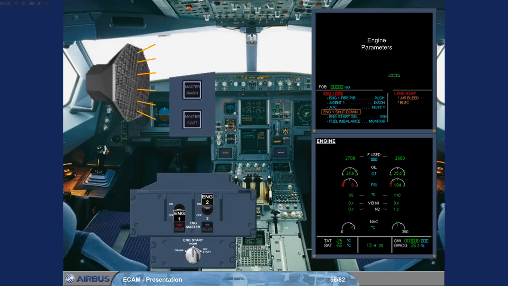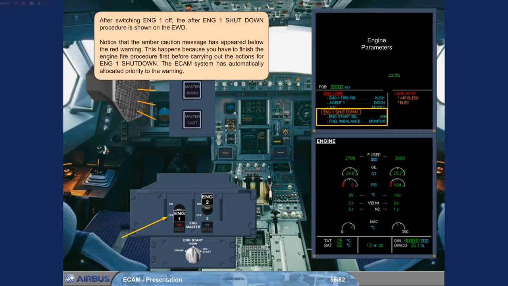After switching Engine 1 off, the After Engine 1 Shutdown procedure is shown on the engine and warning display. Notice that the amber caution message has appeared below the red warning. This happens because you have to finish the engine fire procedure first before carrying out the actions for Engine 1 shutdown. The Ecam system has automatically allocated priority to the warning.